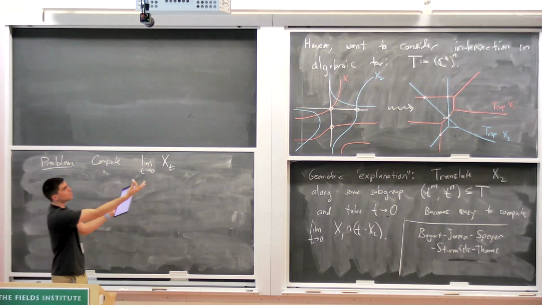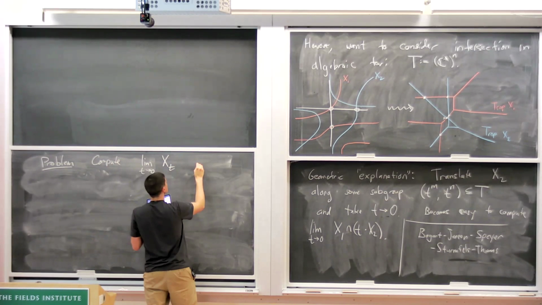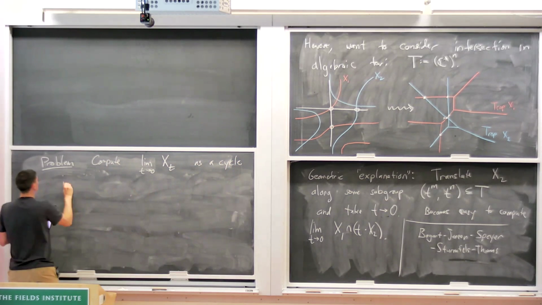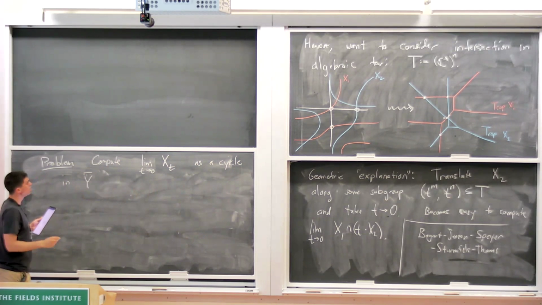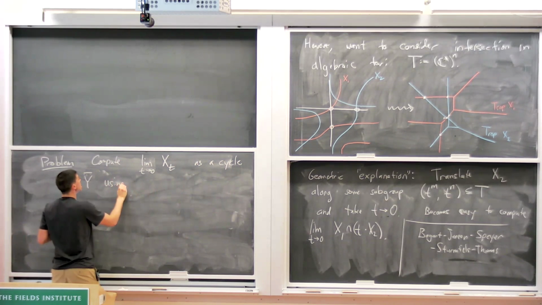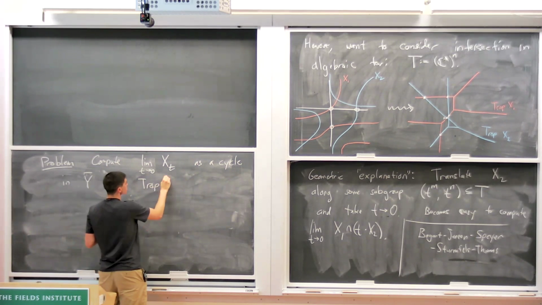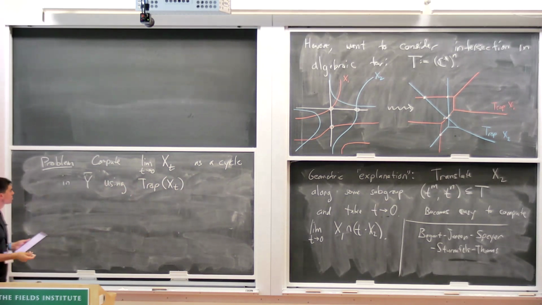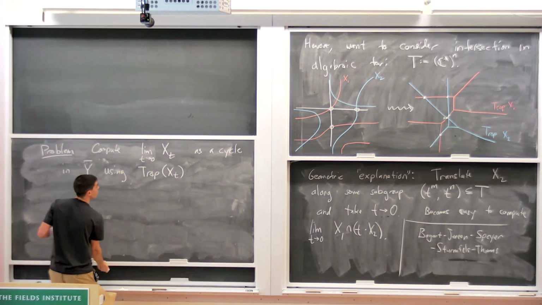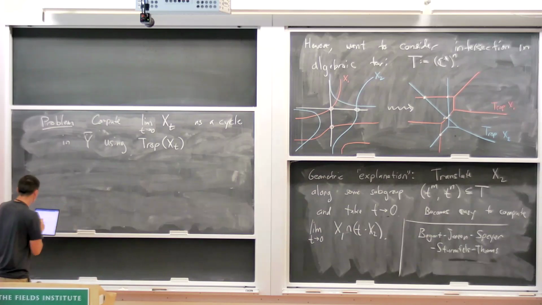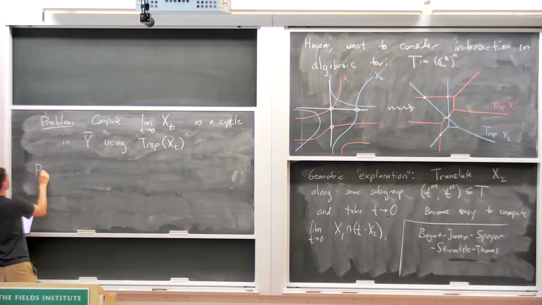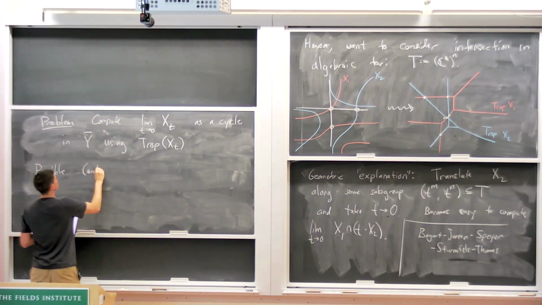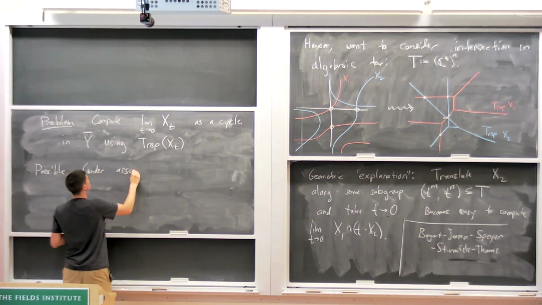So this is some sub-scheme or really cycle in y bar, using tropical geometry, so using what we know, namely the tropicalization of xt. And it turns out that this is possible.